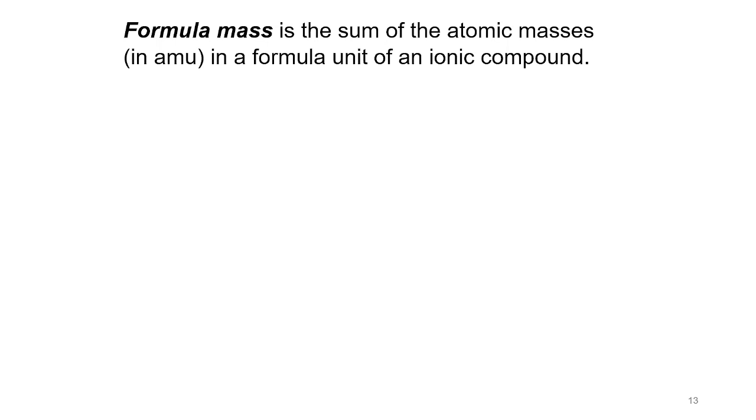Molecular mass is for molecular compounds, and formula mass is for ionic compounds. So basically, the concept is the same. It is just the sum of the atomic masses in AMU in a formula unit of an ionic compound.